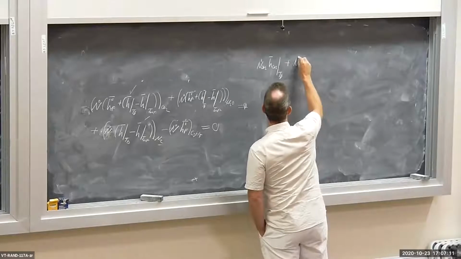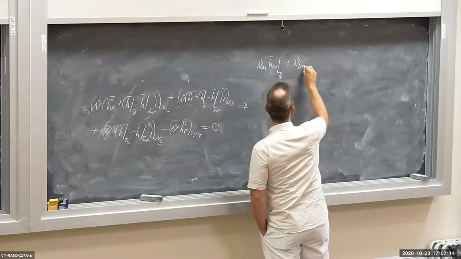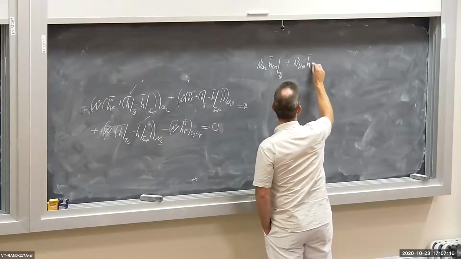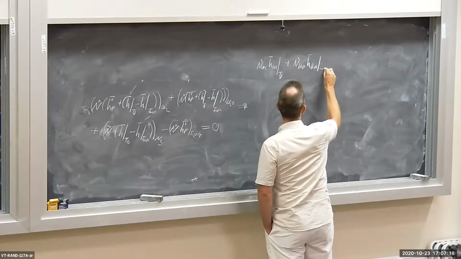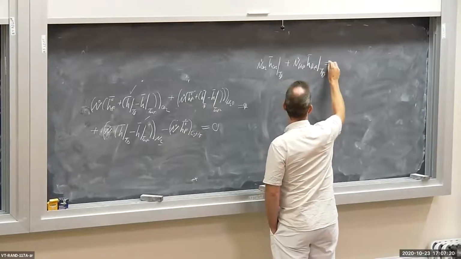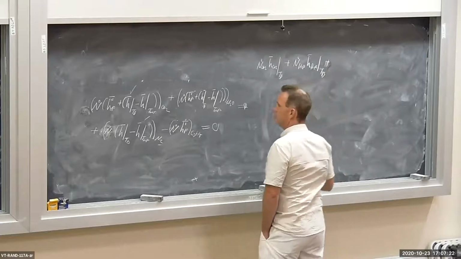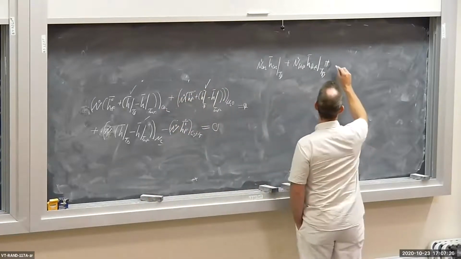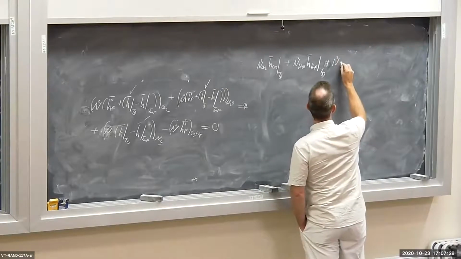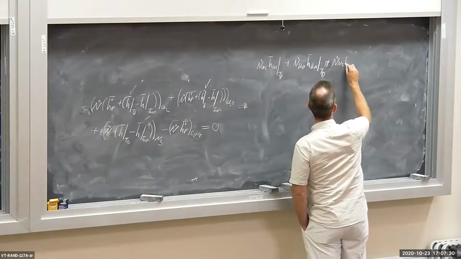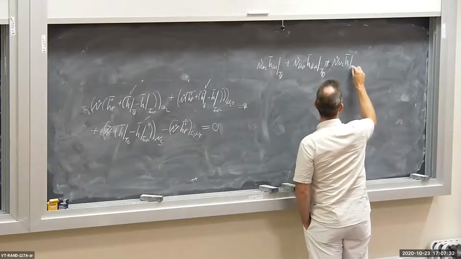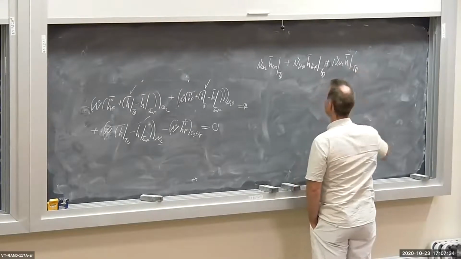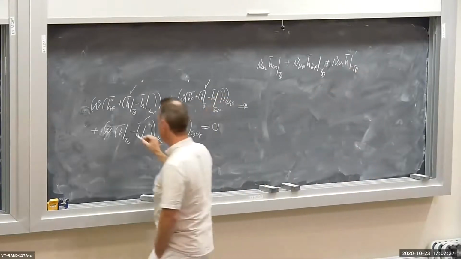Plus N dot H2O, H bar H2O evaluated at TB, so that's this term right here. And then I got the nitrogen term, N dot nitrogen, H bar evaluated at TB. So that's this term right here, check.